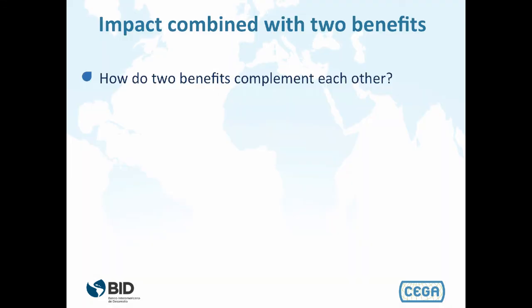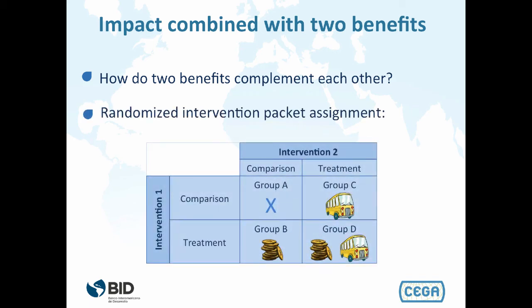So now we might ask the question, how do 2 benefits complement each other? In this case, we can compare one subcomponent to the other subcomponent to the combined groups. So here we might think about having 2 treatments. One treatment, one intervention is cash. So the rows would be cash.